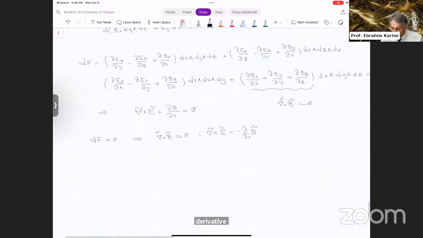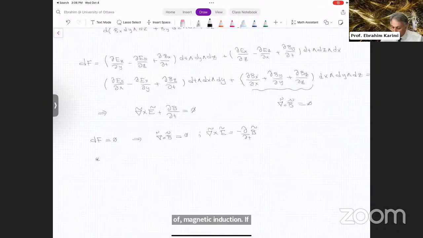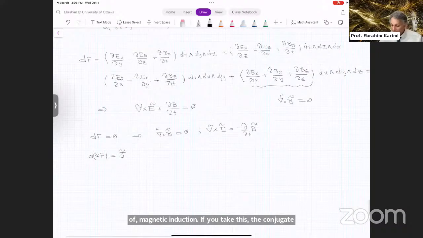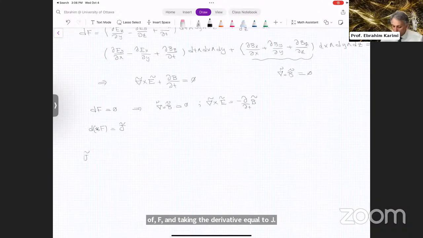If you take the conjugate of F and set its derivative equal to J, where J is what we call the 4-current, let me write it in this way.